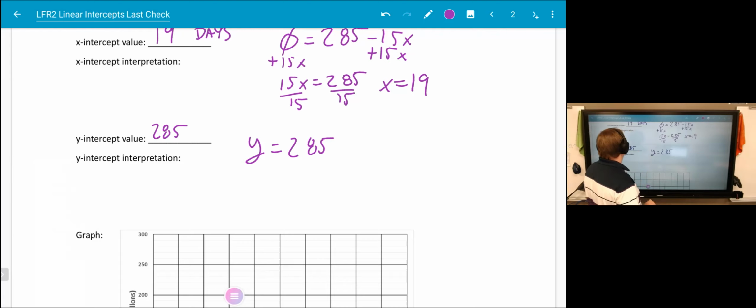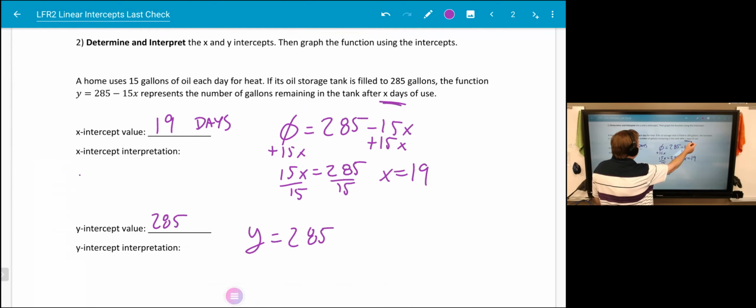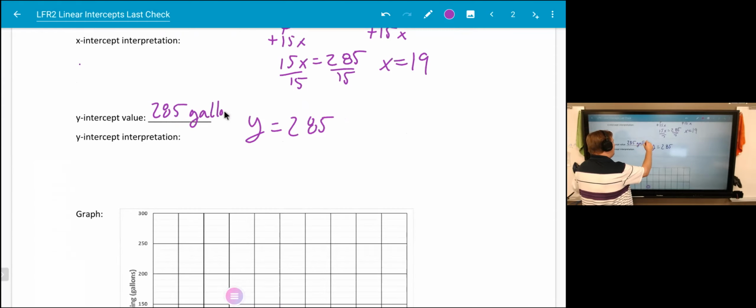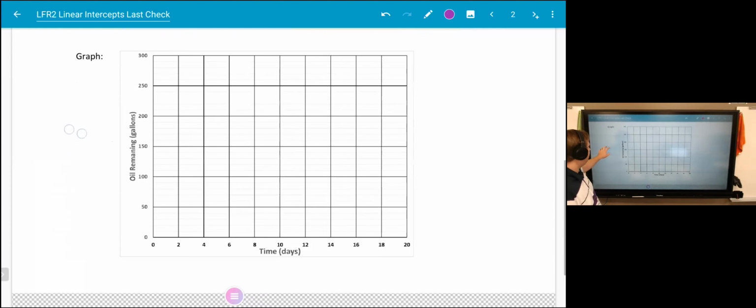What's our y-axis? We've got x days. We're also talking about the y value of gallons, the number of gallons remaining. So 285 gallons.